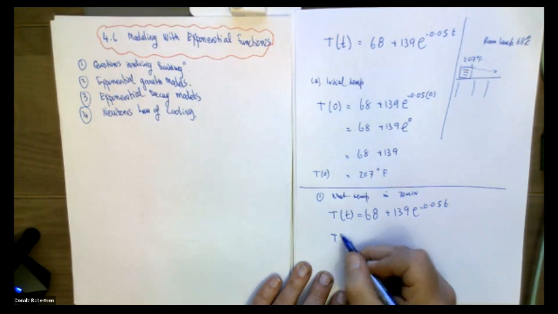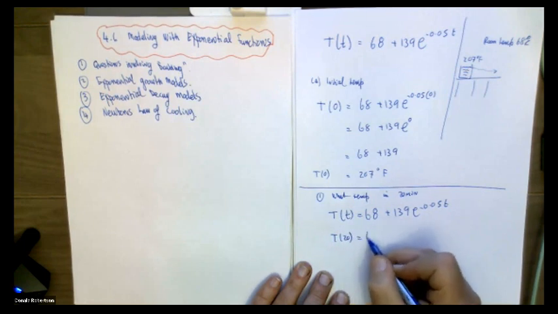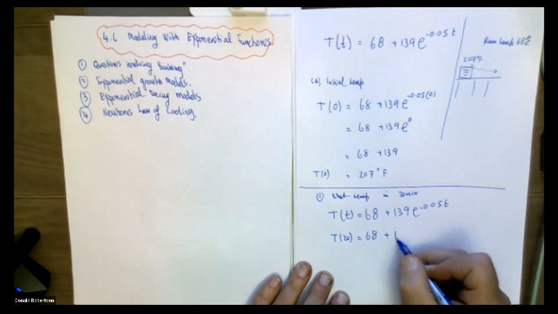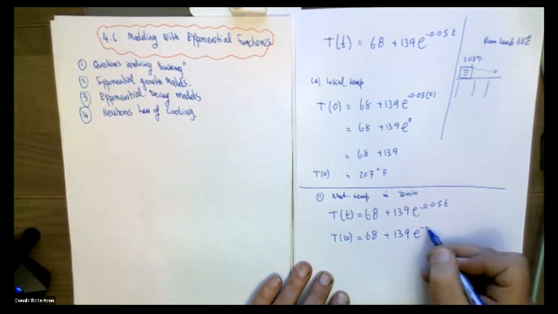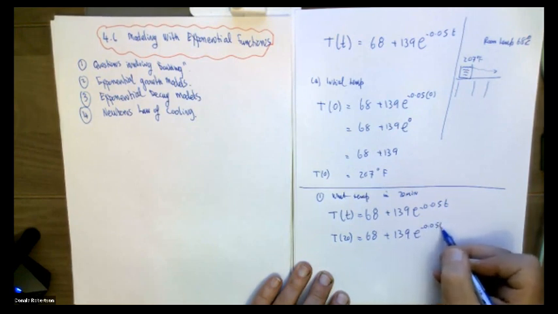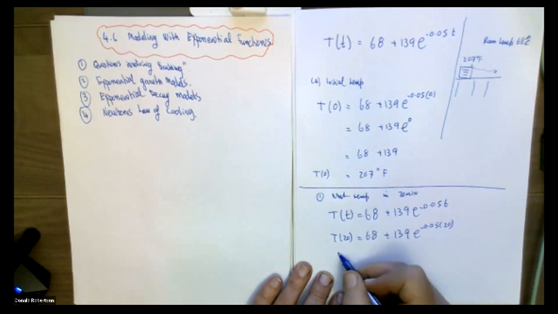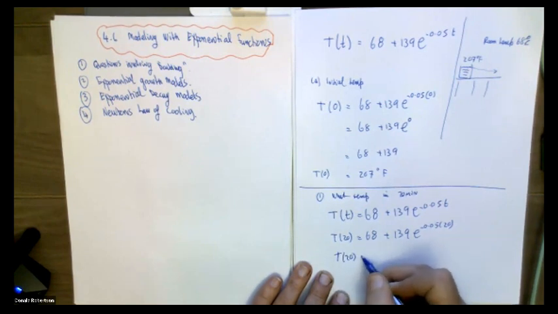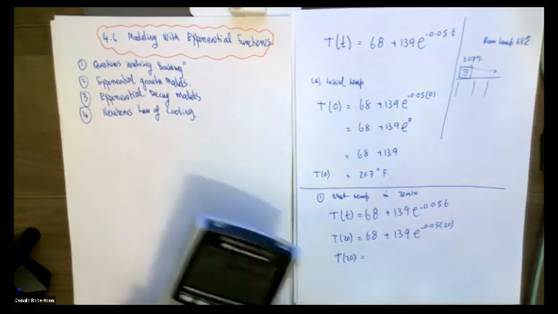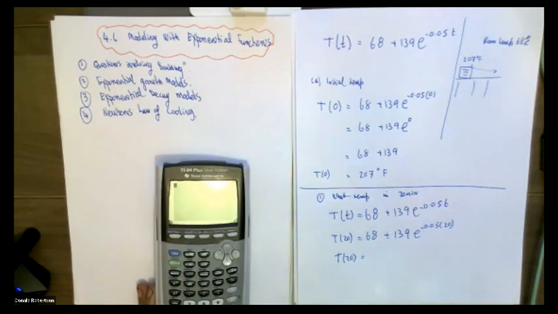You want to know what the temperature is in 20 minutes? It's a plug and chug. Just replace the t by 20. And then very carefully, make sure you hit the buttons in the right order and all that. And you should be able to get it.